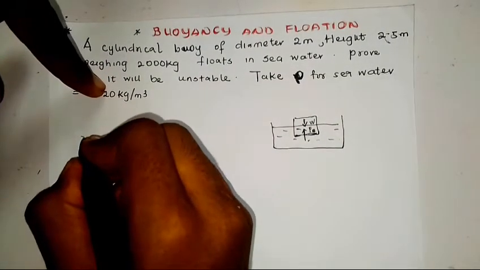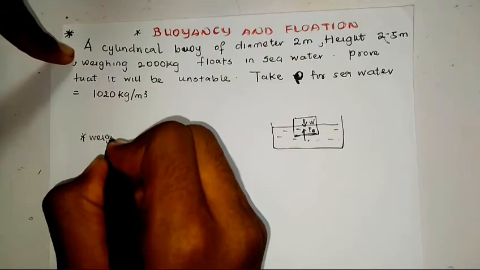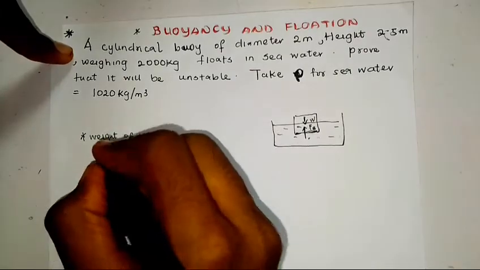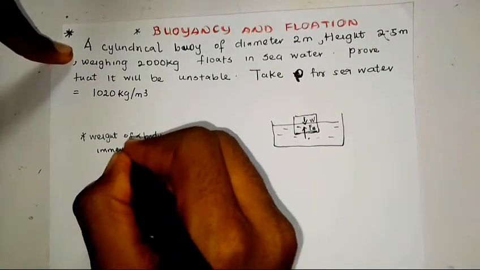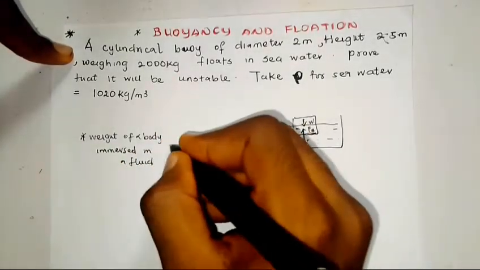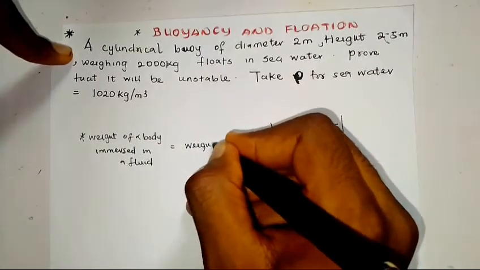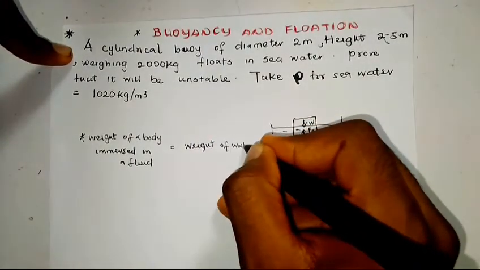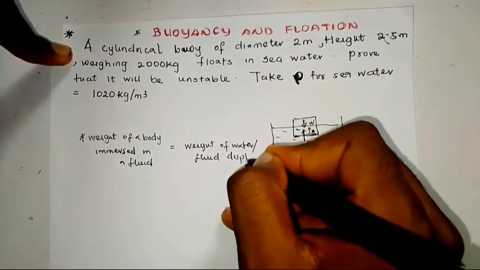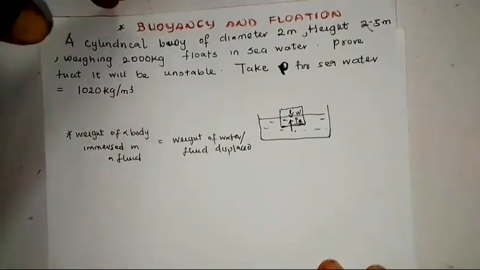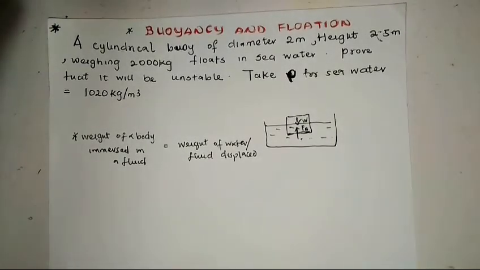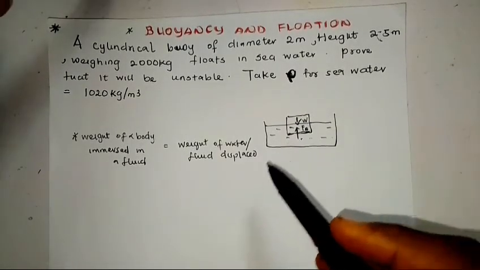I said the weight of a body immersed in a fluid is equal to the weight of fluid displaced. So the weight of this body itself will displace a certain weight of fluid. So that is why the weight of the body is equal to the weight of fluid displaced.